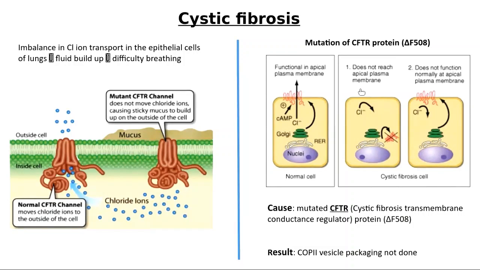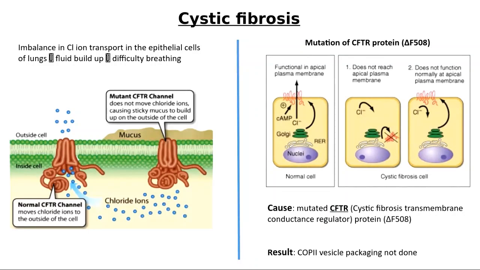That means we have this kind of situation. In this case, we have the CFTR channel here, but it is mutated. So again, no chloride transport. So nothing happens.